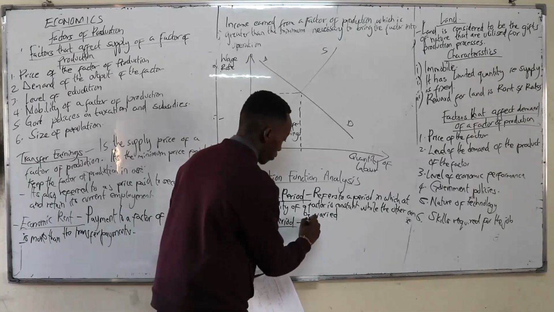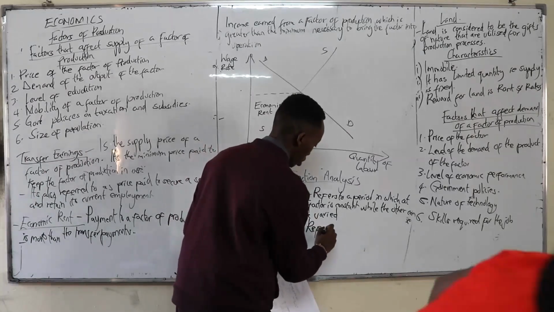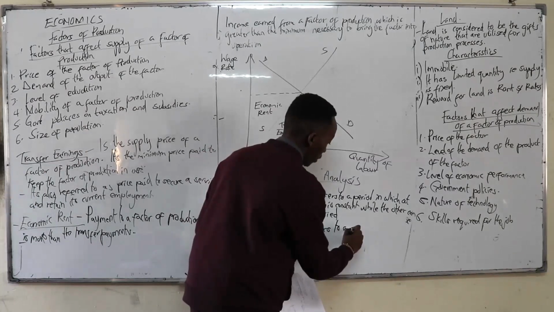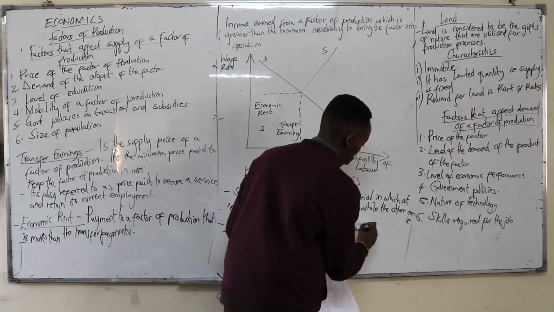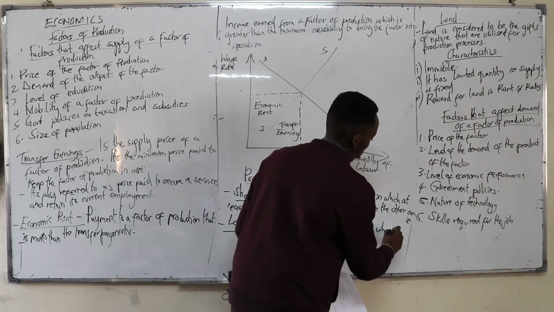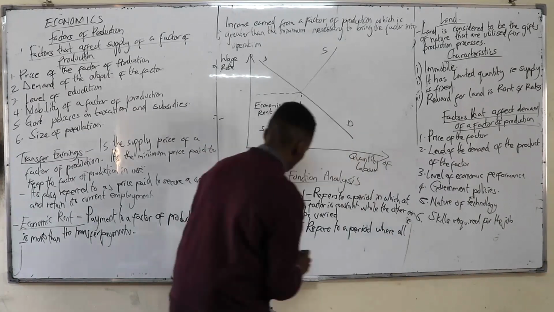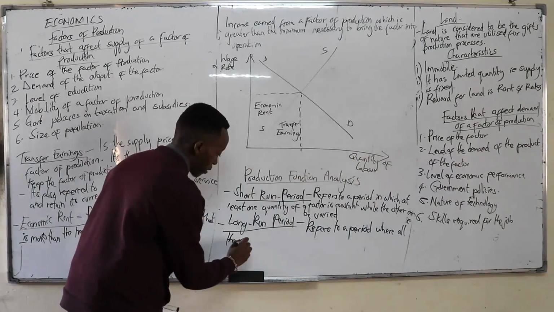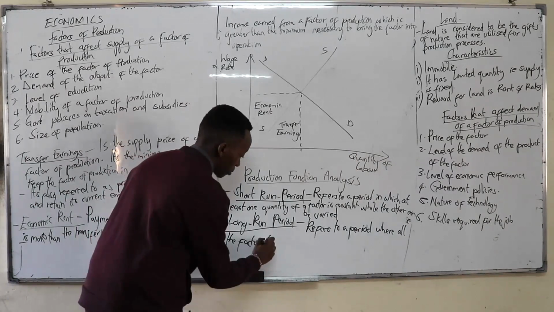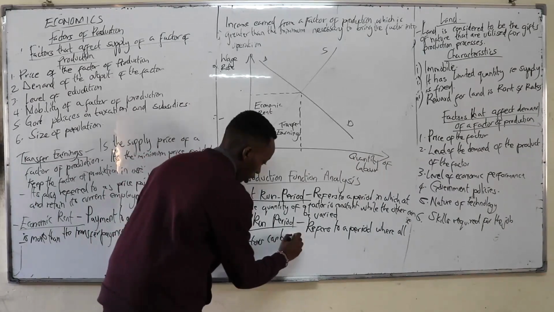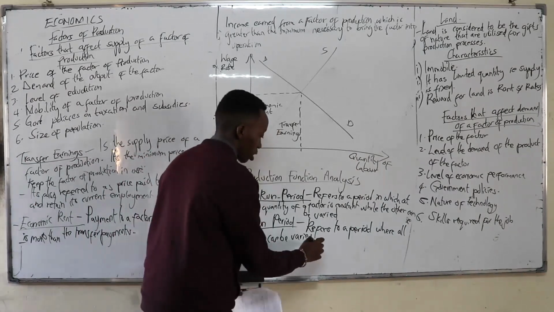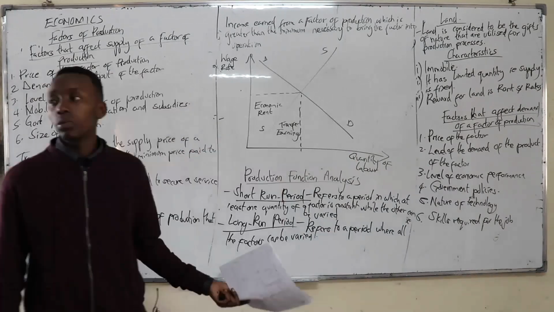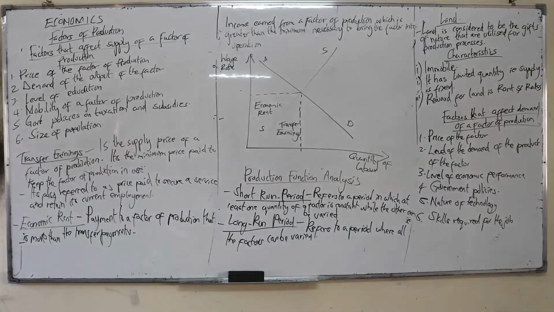The long run refers to a period where all the factors can be varied. So what do the short run and long run period mean?